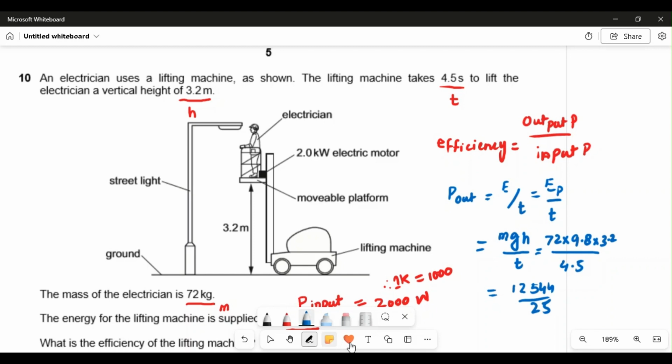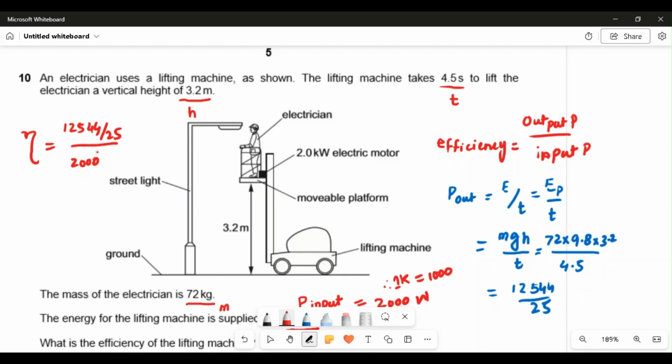Now, getting back to the main equation, efficiency, sometimes represented by eta, is equal to output power, 12,544 by 25, divided by the input power of 2000 watt. So I'm going to divide it by 2000.